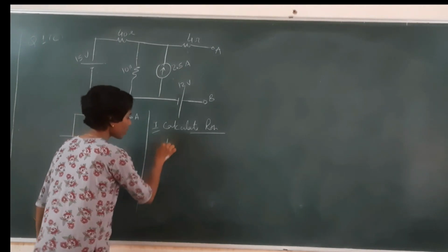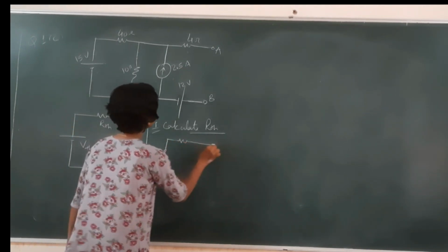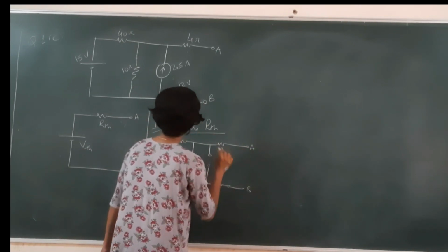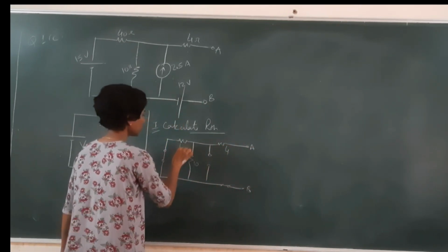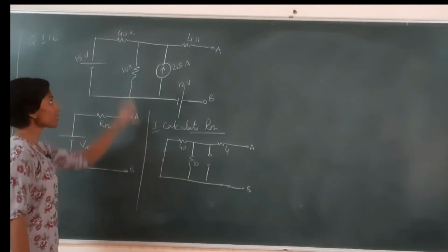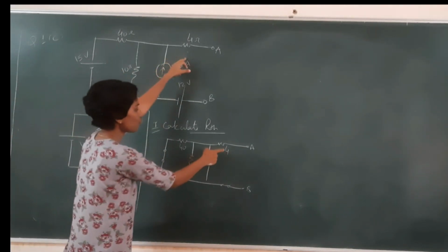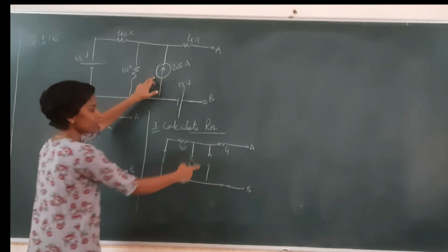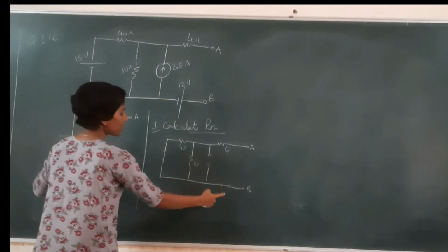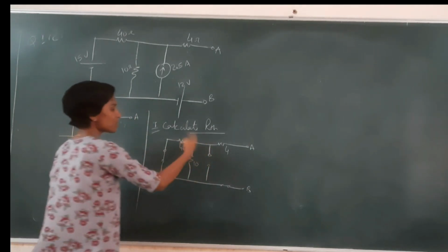So I am redrawing it. This is the equivalent network. Here you can check the 40 ohm resistor, 10 ohm resistor, and then the 4 ohm resistor. What about the current source? Replaced with its internal resistance, that means open circuited, and voltage sources are short circuited.